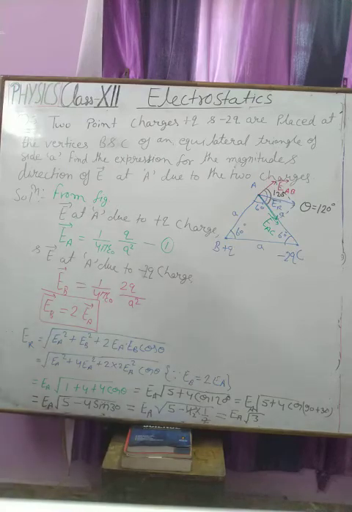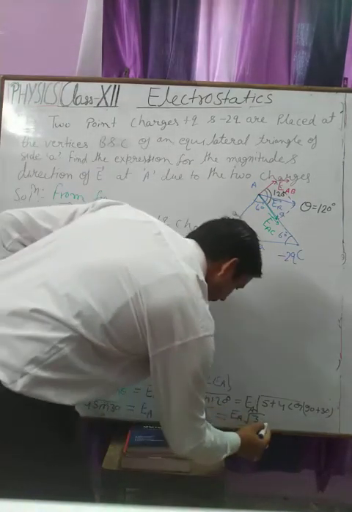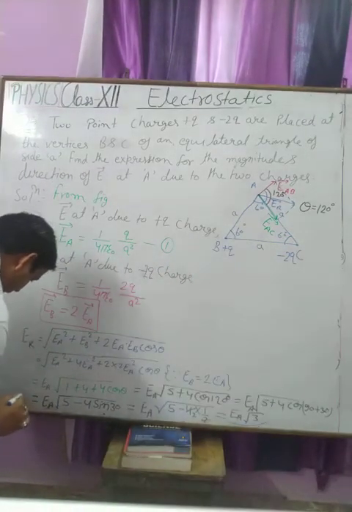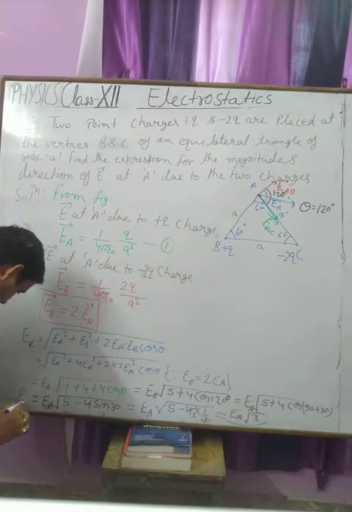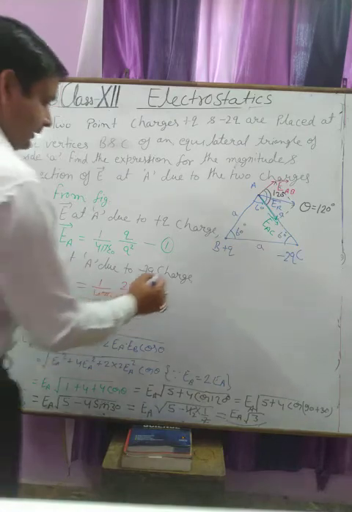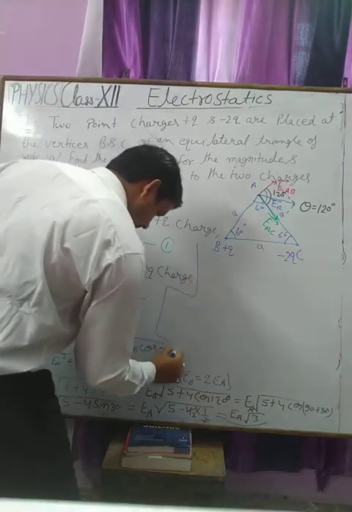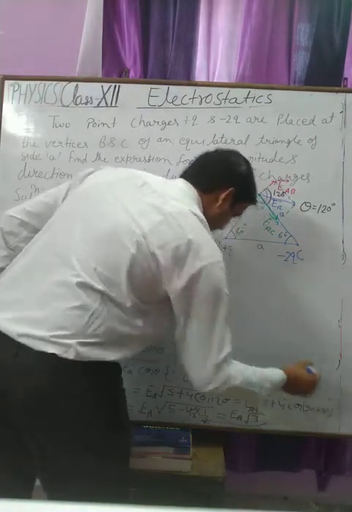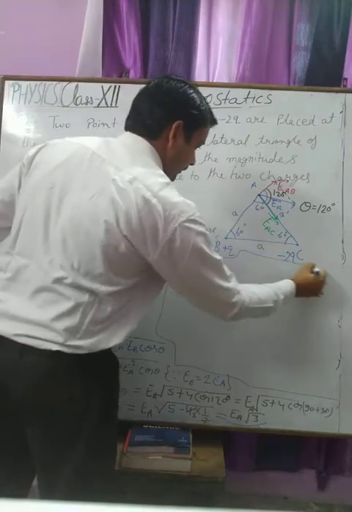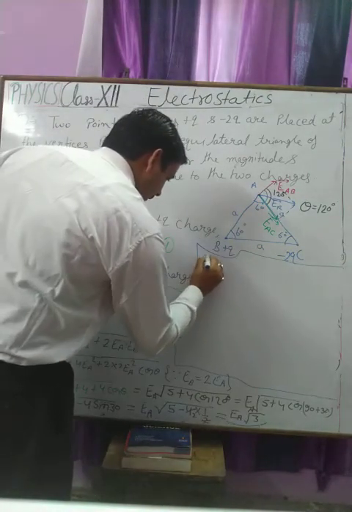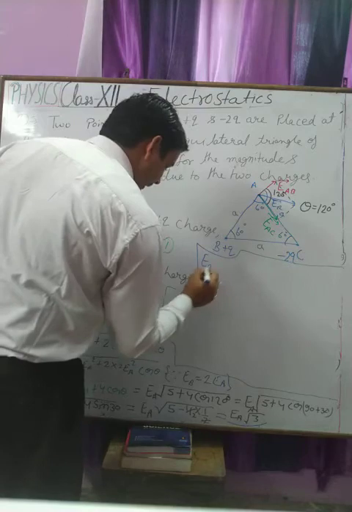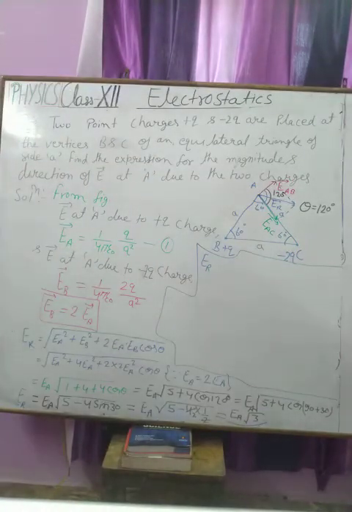Now we are placing the value of EA in the resultant electric field, that is E resultant at point A. Oh, 1 minute.